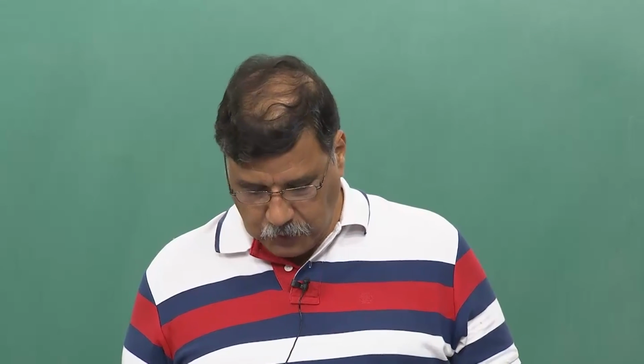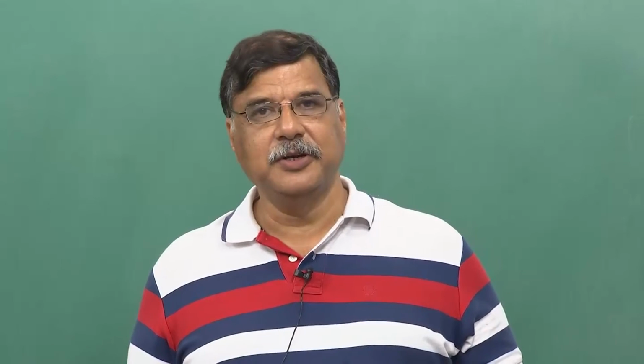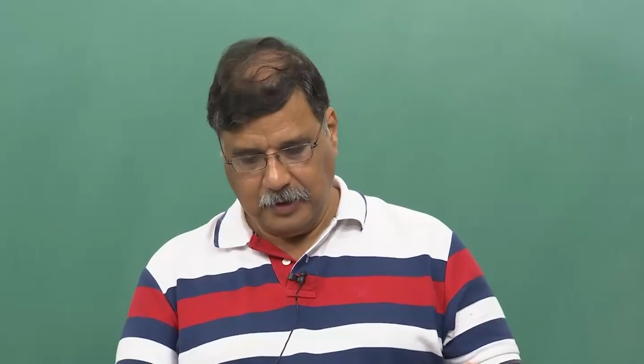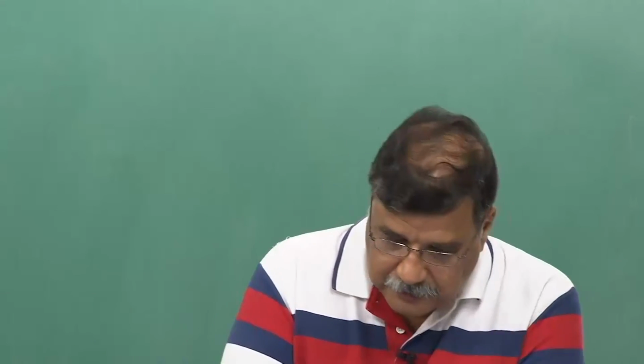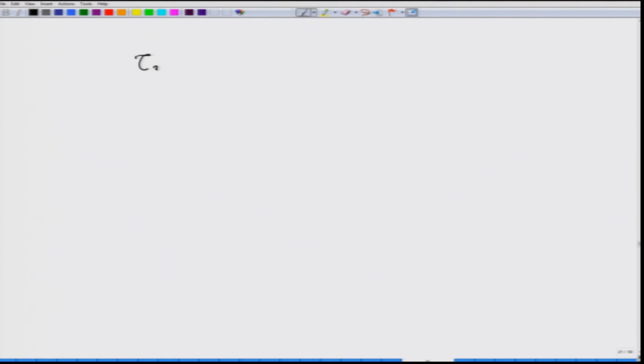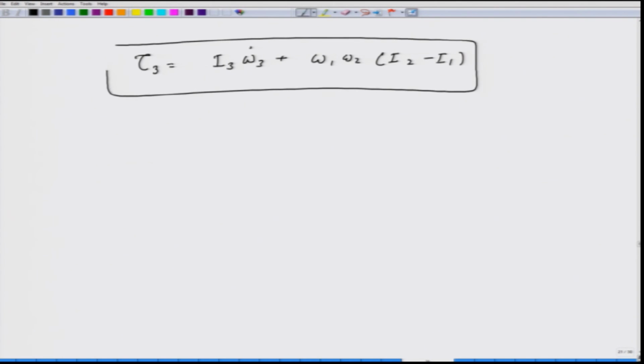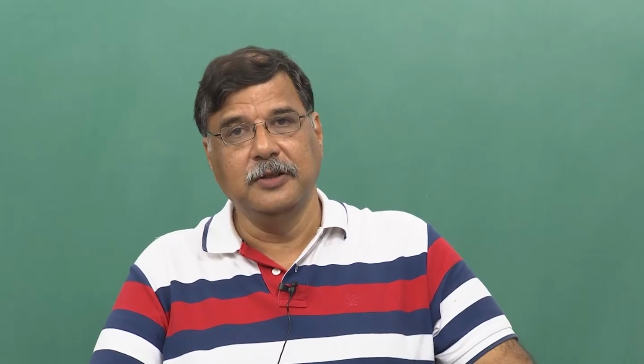I will leave it for you to get the same answer by considering tau 3 and writing tau 3 equals I3 omega 3 dot plus omega 1 omega 2 times I2 minus I1, and get the same answer. So, this completes our discussion on rigid body dynamics, with the final being solving the rigid body dynamics using the Euler equations.